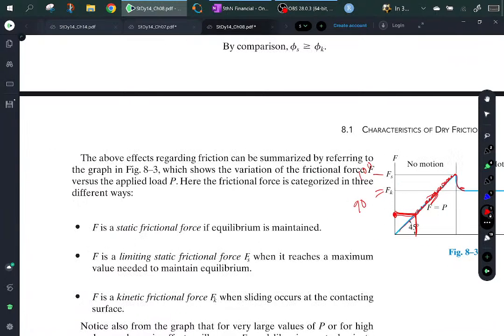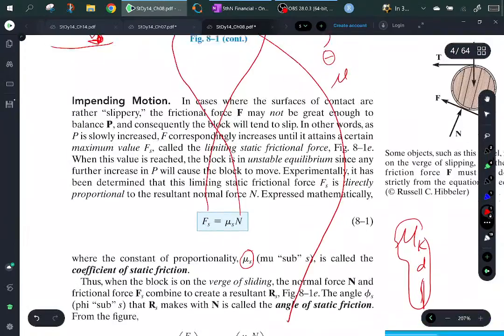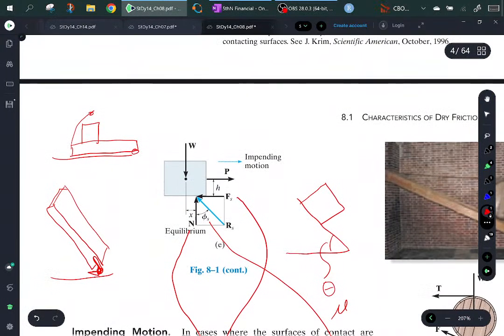Now, what is interesting is if you walked in the room and you did not pull on this, the static friction would be 0.